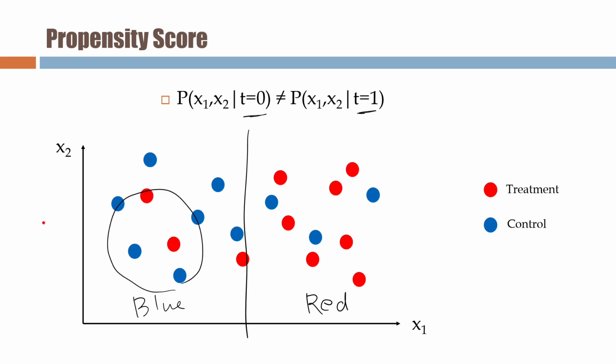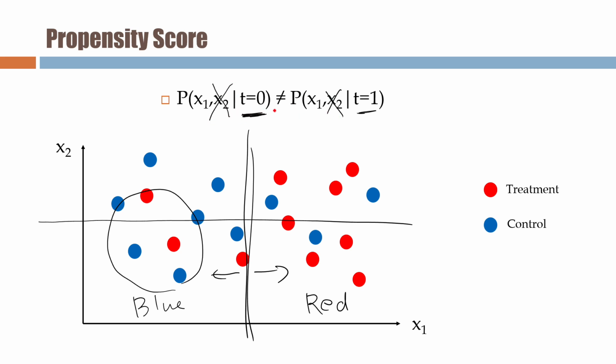Actually here, in terms of x2, this is pretty randomized. In terms of x1, this is not. So we can ignore the x2 here. This is t equals 0, this is t equals 1. What is the probability of x1? There is a high probability. If you draw the graph, this will be a high probability in the small numbers, but a low probability in the high numbers, right?